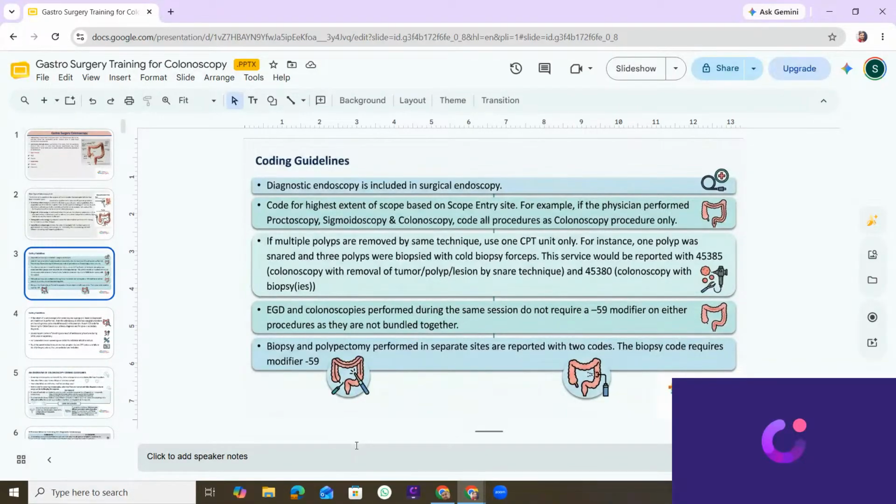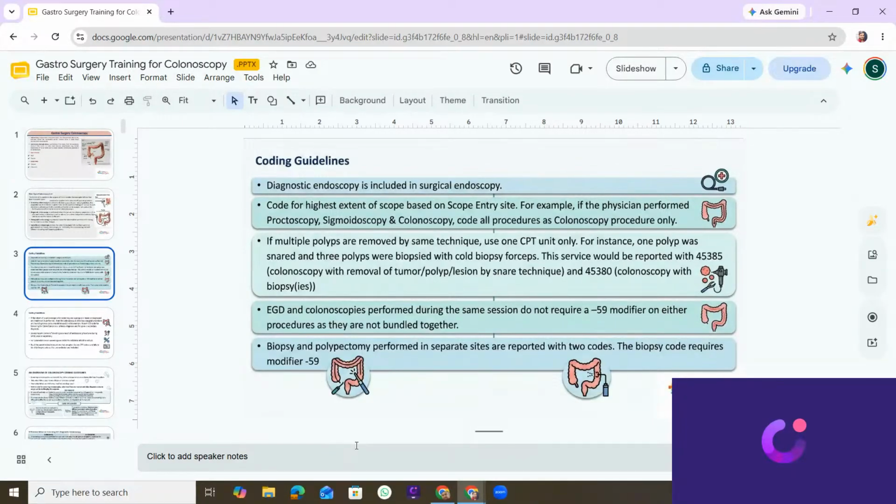So next, coding guideline. Diagnostic endoscopy is included in a surgical endoscopy.